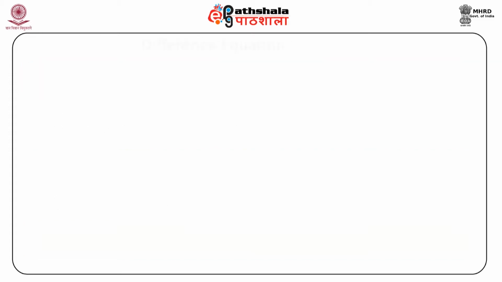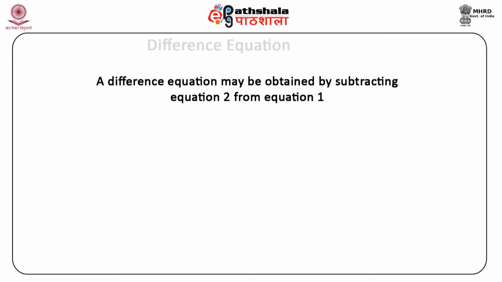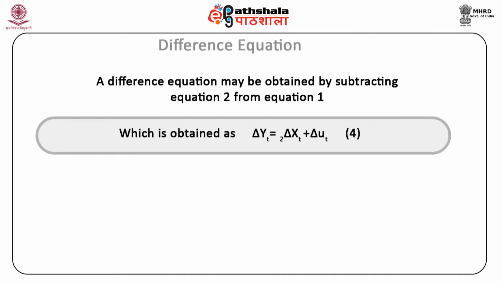Continuing with the discussion of difference equation, a difference equation may be obtained by subtracting equation 3 from equation 2, which is obtained as delta yt is equal to beta 2 delta xt plus delta ut. This is our equation 4.